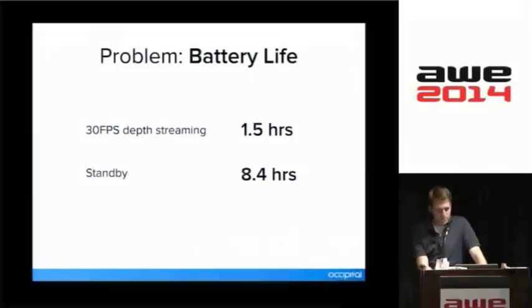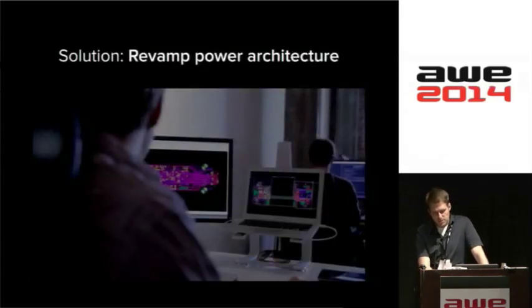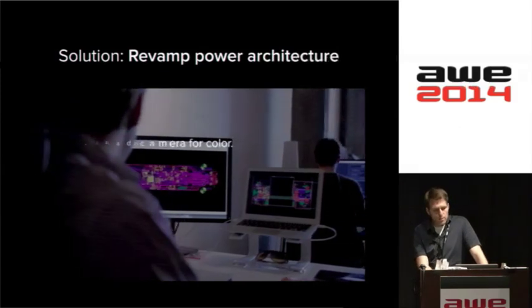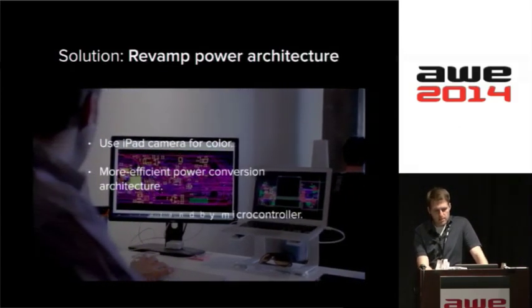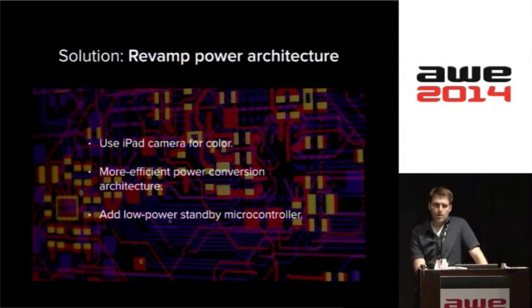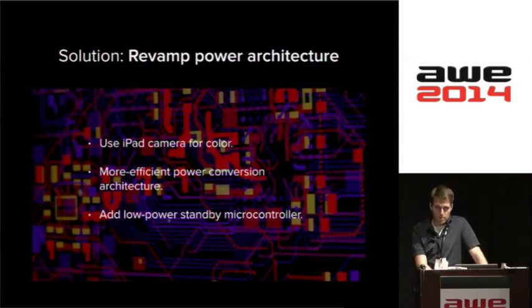Battery life was another issue. If we were to run this device at full tilt without any optimization, we would have only had an hour and a half of streaming time. And standby time is an even bigger issue. So we made a bunch of smart changes to the power architecture. One of the things we did is we used the iPad's camera, and we didn't use a power-hungry internal camera, which was actually worse quality than the iPad.